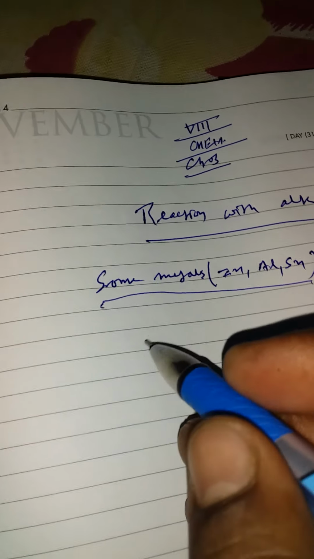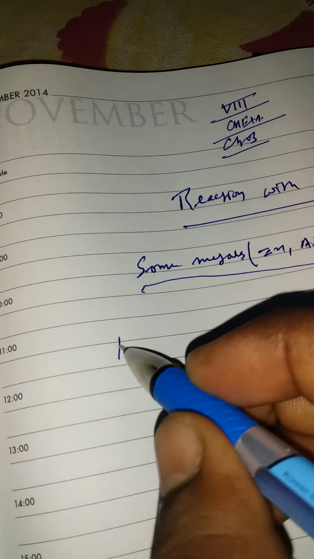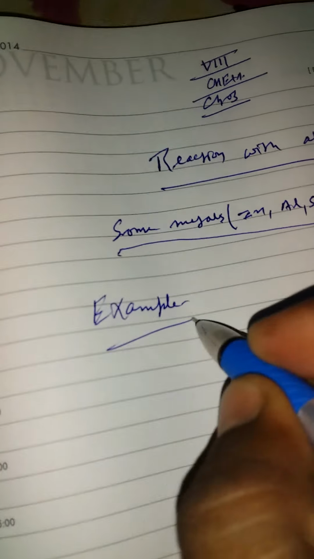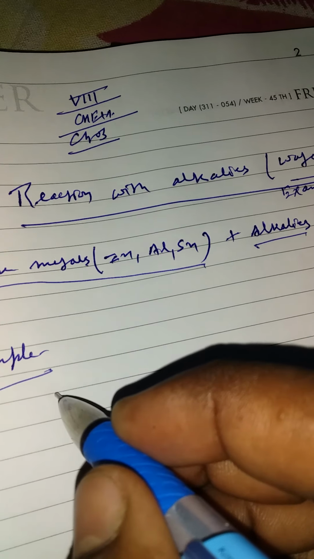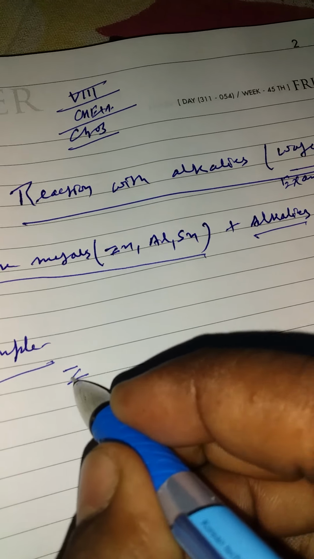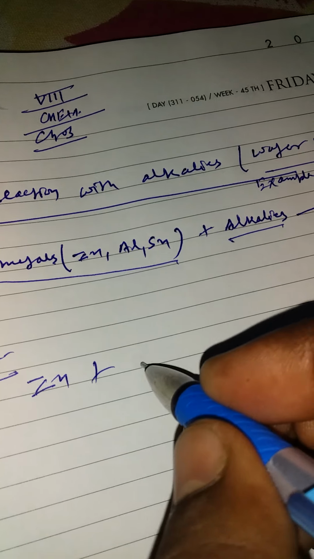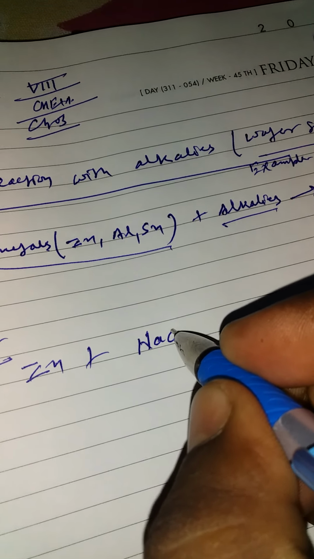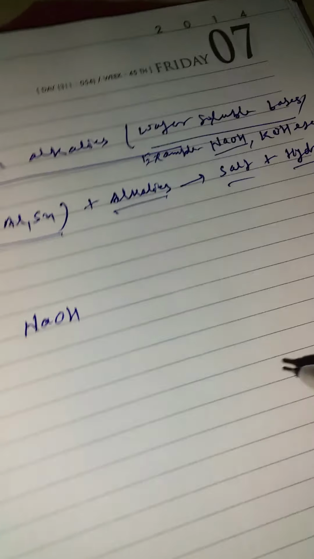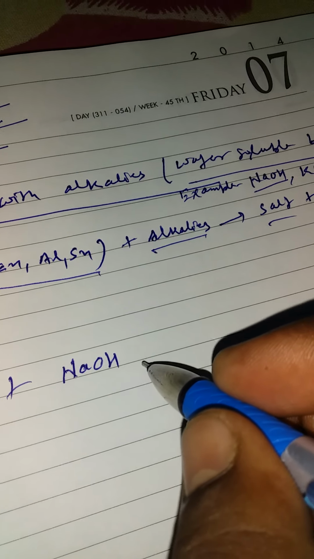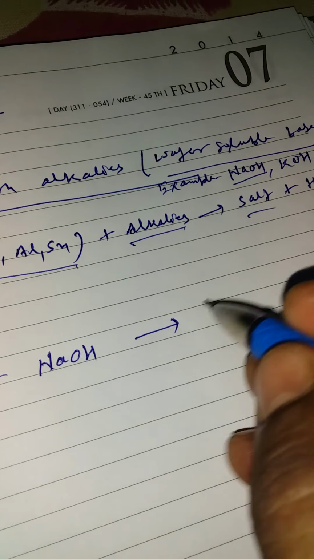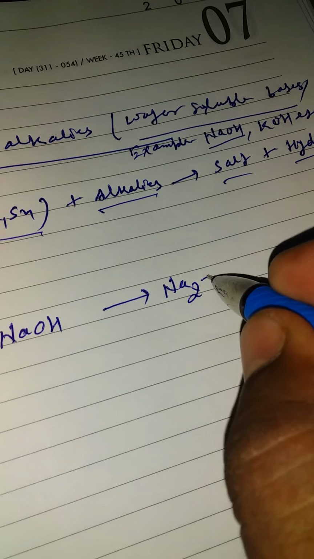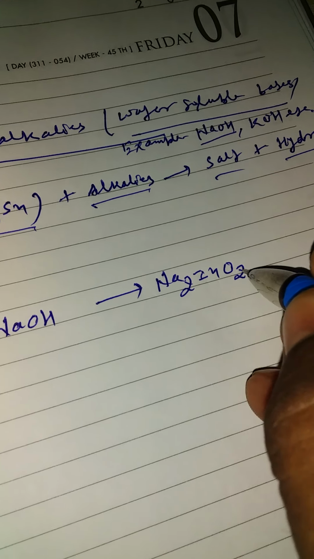As for example, zinc reacts with sodium hydroxide. It forms Na2ZnO2.